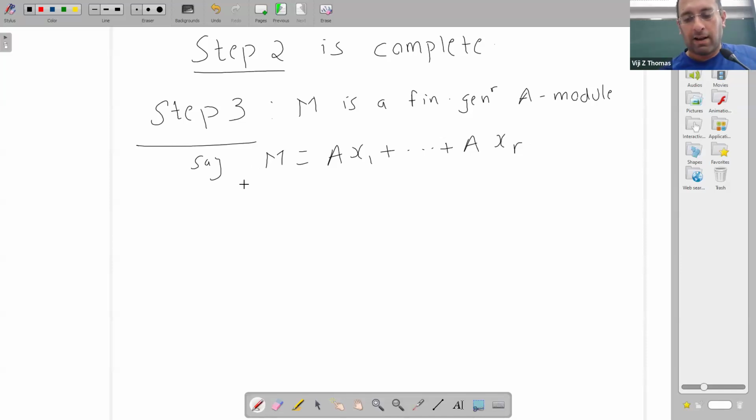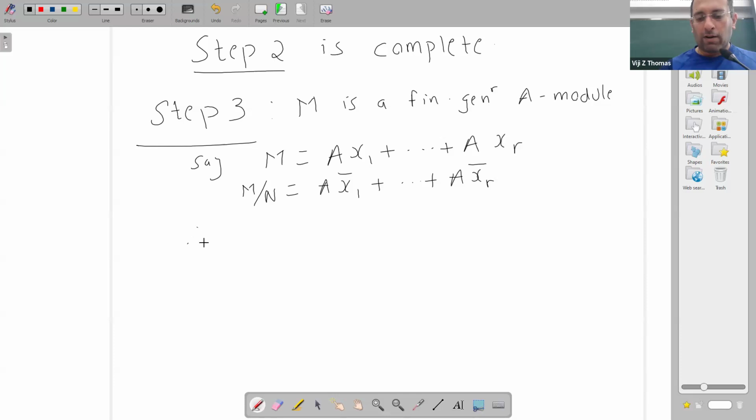This is a very easy fact. So M by N is generated by x_1 bar, dot dot dot, x_r bar. x_i bar means x_i plus N, the coset of x_i in M mod N.